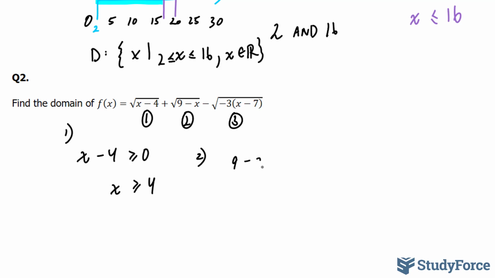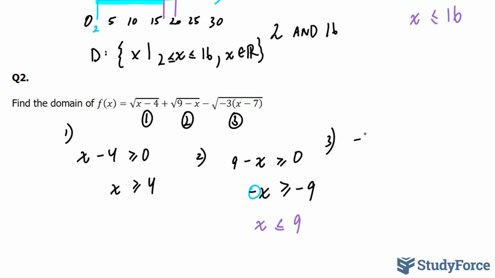Part 2, 9 minus x must be greater or equal to 0. Bring this 9 over, and you end up with negative 9 on the right side. Dividing both sides by a negative, remember, we'll change the inequality to x must be less than or equal to 9. Notice that this inequality flipped because we divided both sides by negative 1.